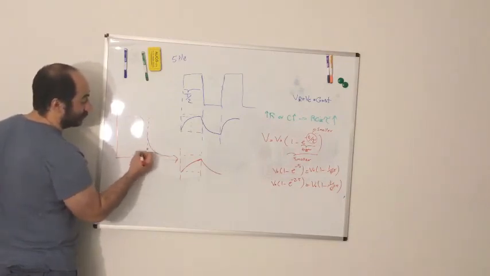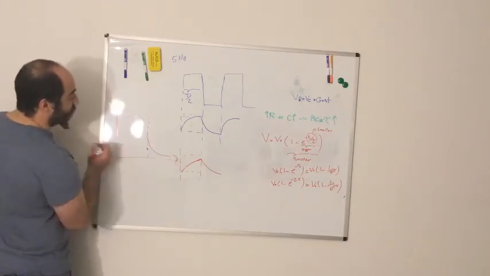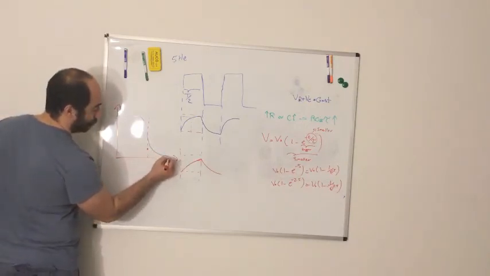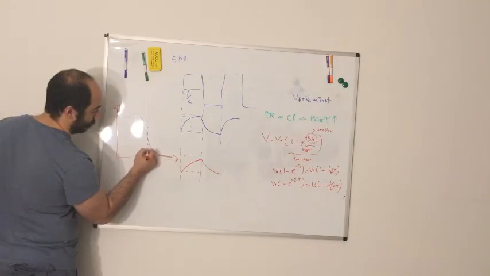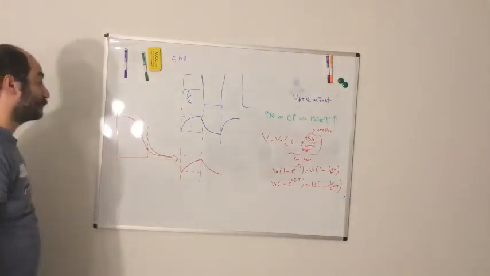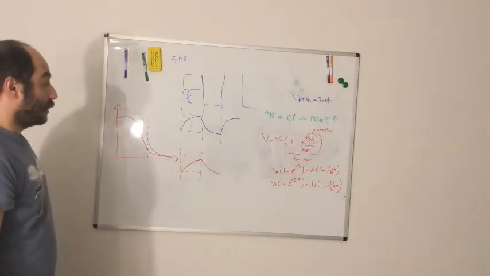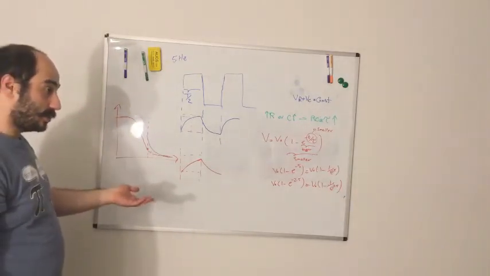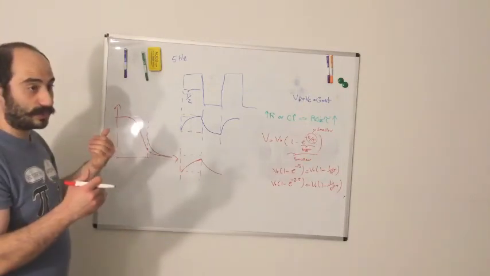So it looks like the whole graph is shifting to the left. Correspondingly, if you're increasing the tau, you're still shifting the whole curve to the left, right?